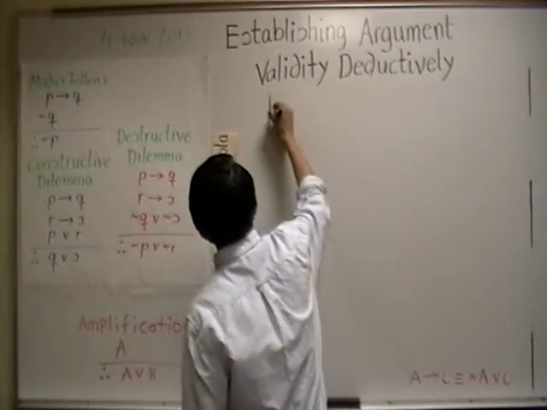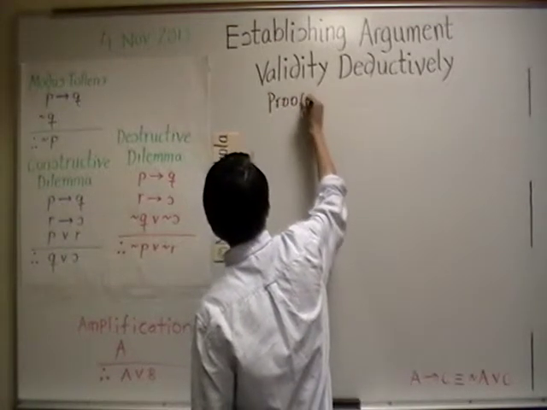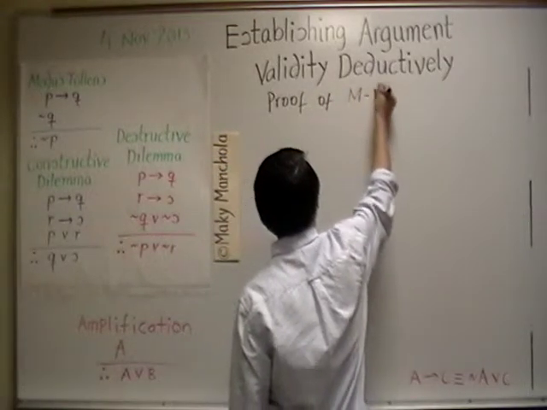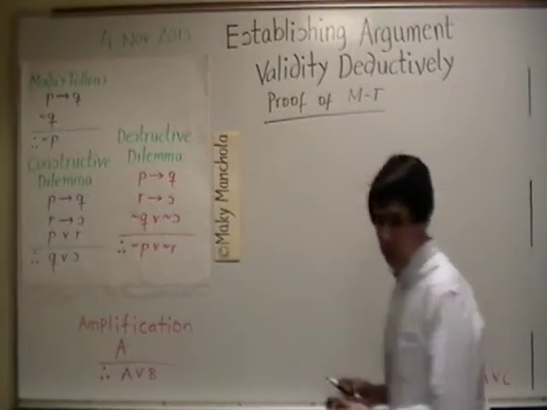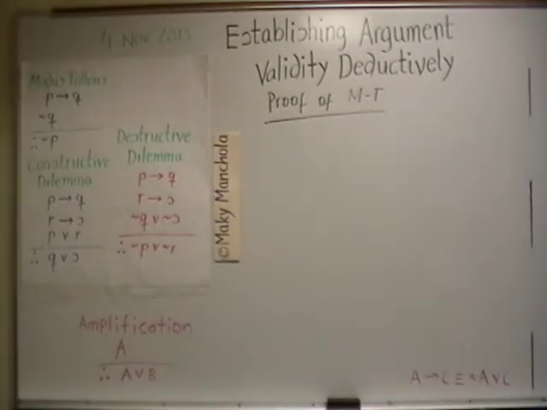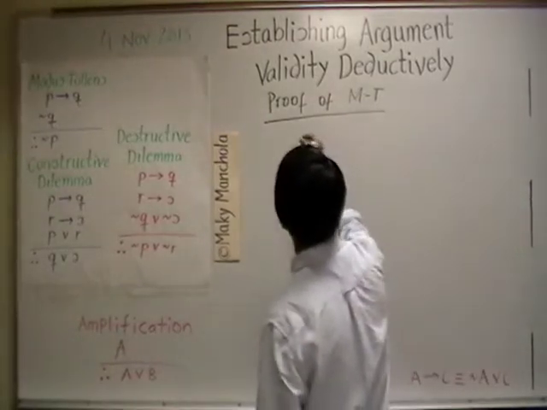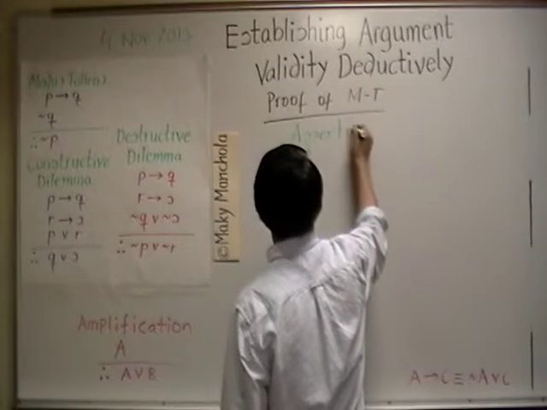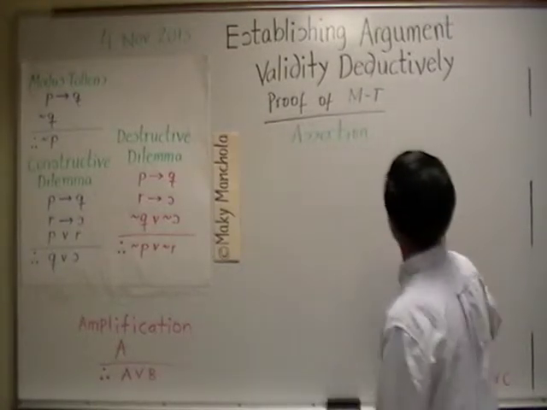Proof of modus tollens. The way we proceed is we write assertions and justify them. On one column we list our assertions.